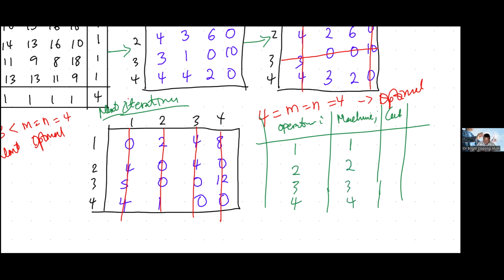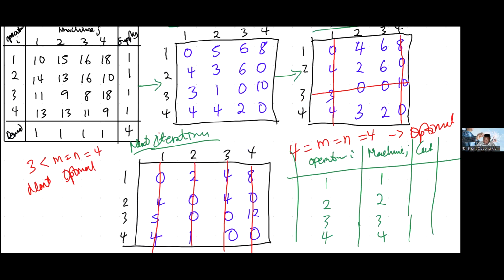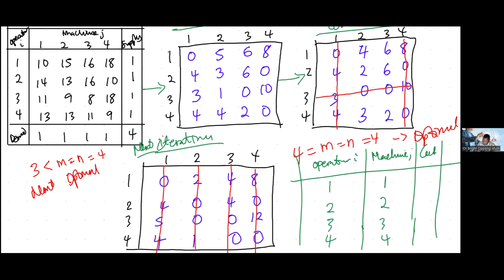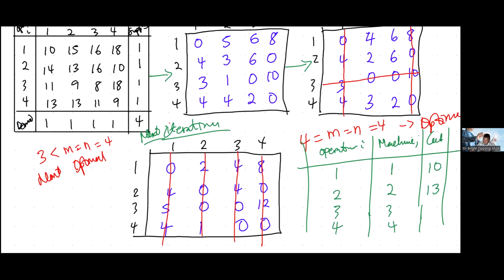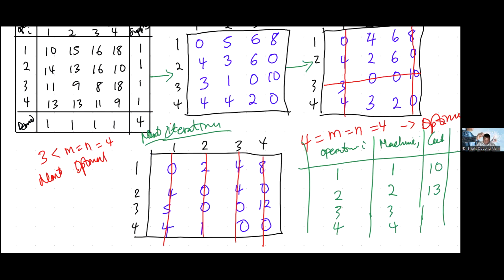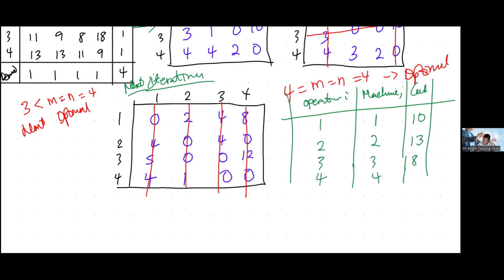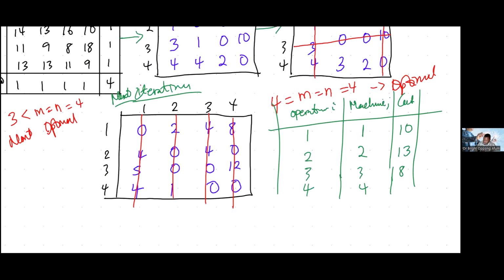Now from the original problem, assigning 1 to 1 is 10. Assigning 2 to 2 is 13. Assigning 3 to 3 is 8. And assigning 4 to 4 is 9. So the total cost here will be 40, right? It will be 40.